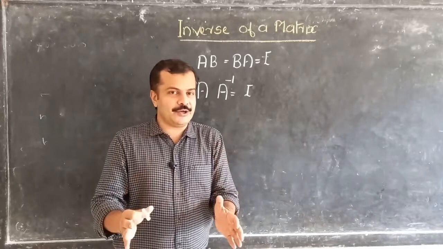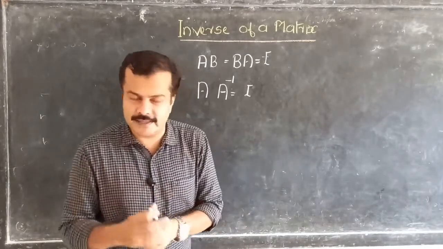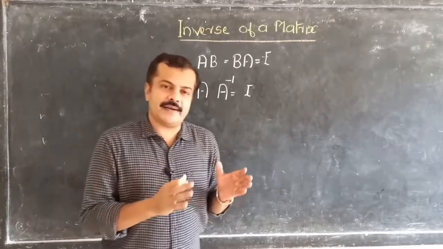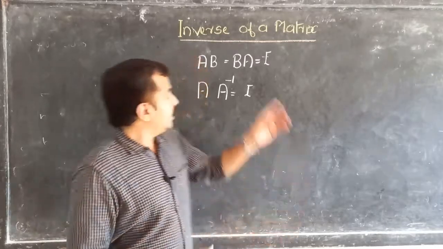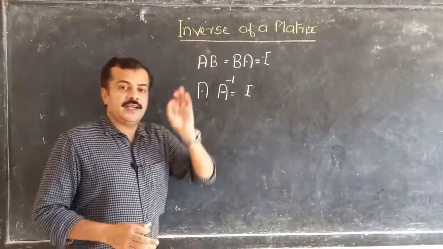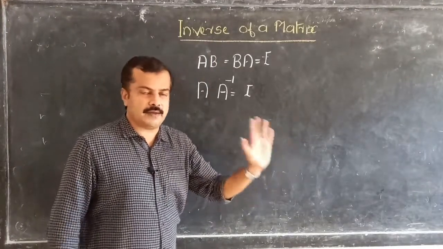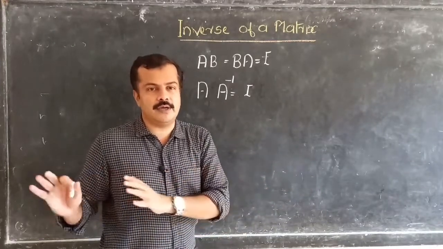If the value is 0, we already saw in the case of the types of matrices as well as the determinant, the matrices are known as singular matrices. So, the concept of inverse exists only for non-singular matrices, that is, those matrices having a non-zero determinant.